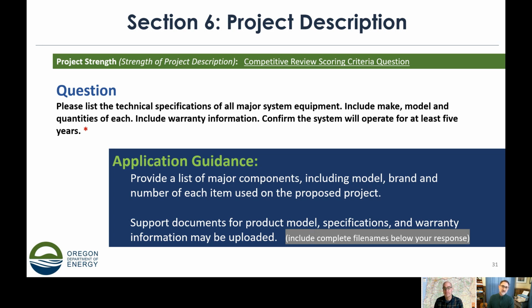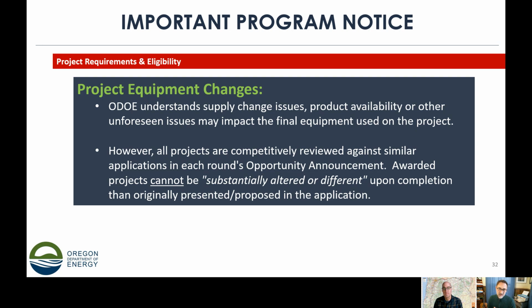Okay, and that does lead into another one of these slides about program notice. As I said just a moment ago, we understand supply chain issues and final project equipment might differ slightly from what was proposed in the application.